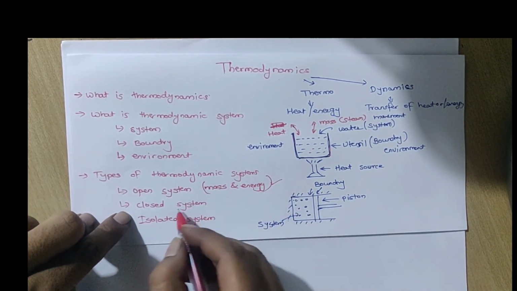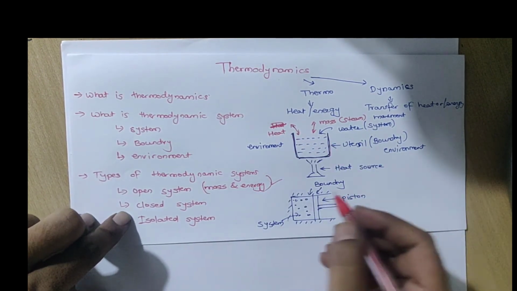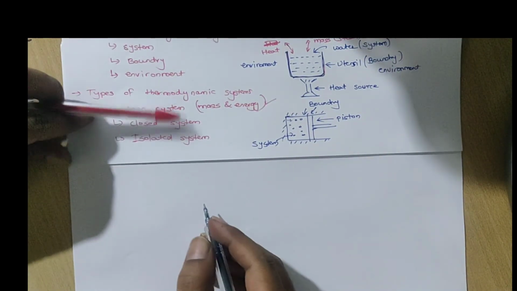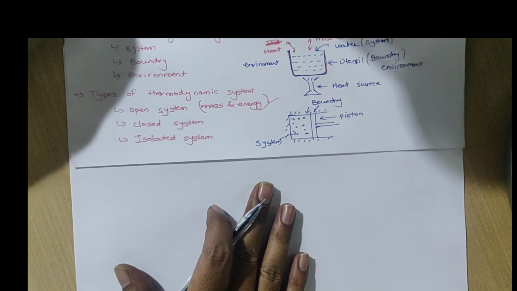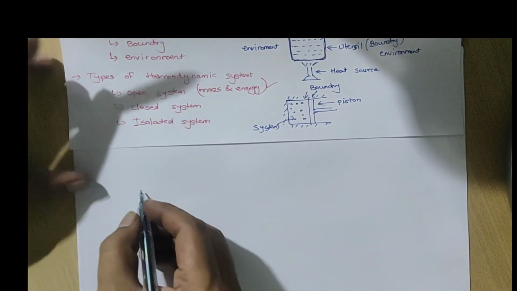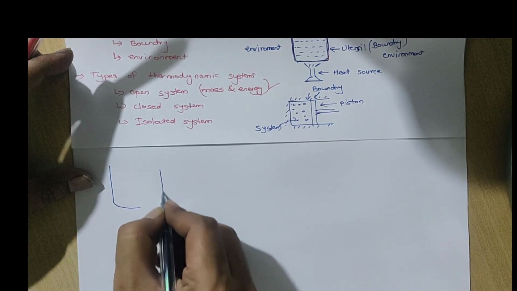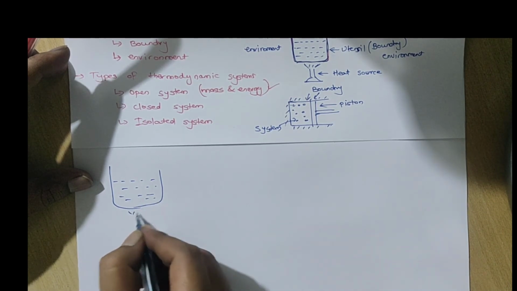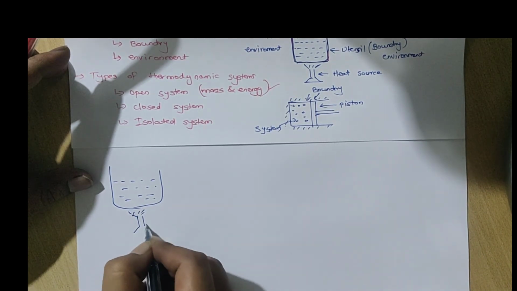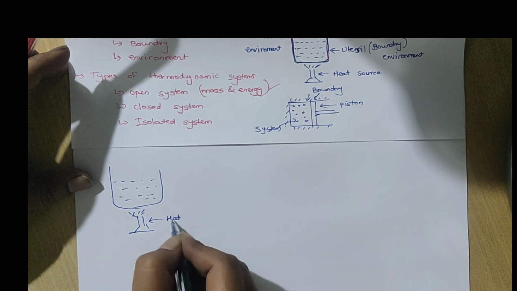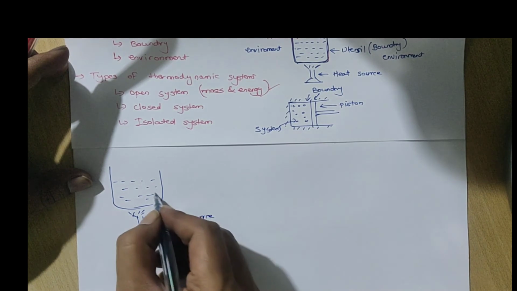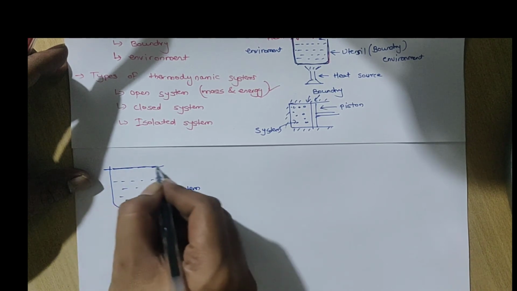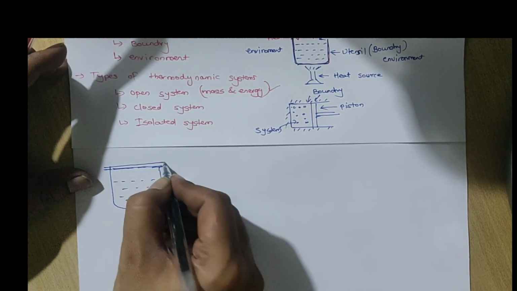Now the second one is closed system. So if we cover this utensil using some lid, I'll draw the diagram again. Here is our utensil, our system is water, this is the heat source, and this time we have covered this utensil with some lid.